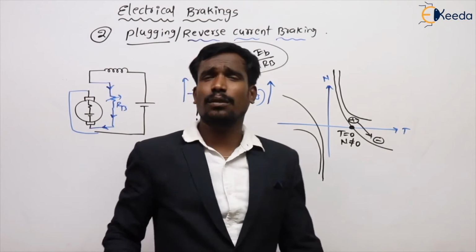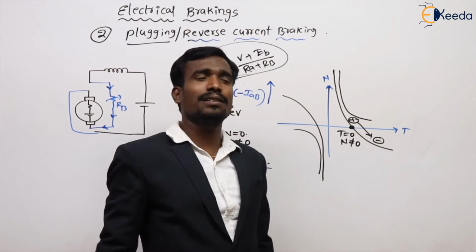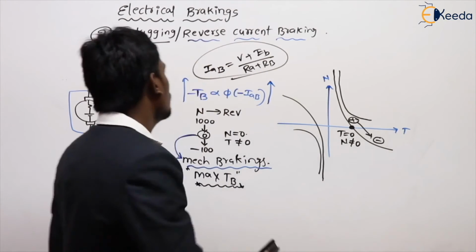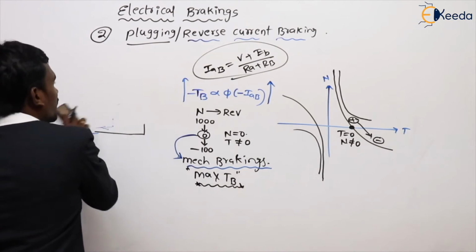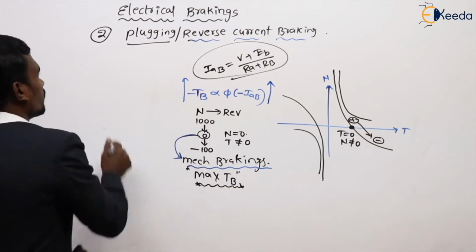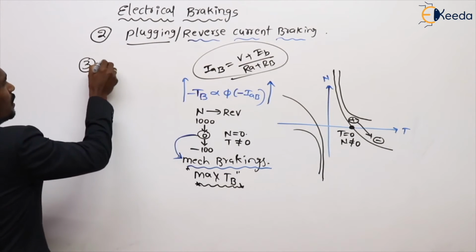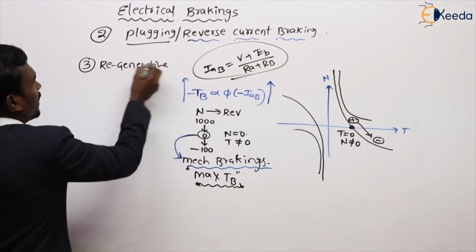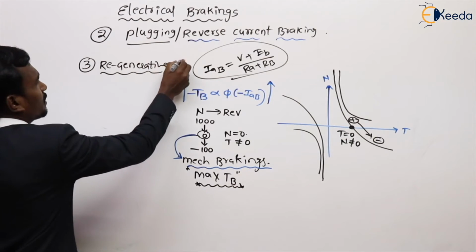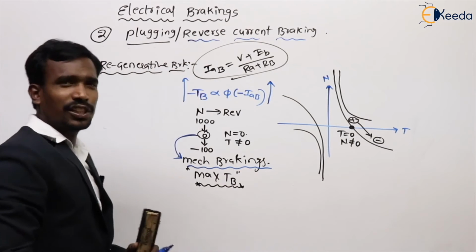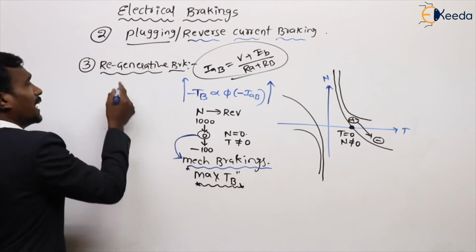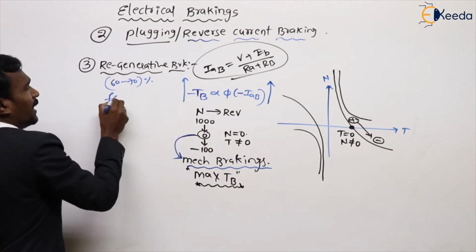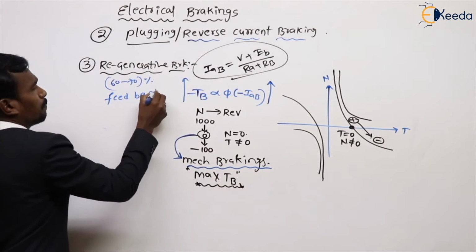So first one is dynamic braking or rheostatic braking. Second one is plugging. Sir, what is the third one? Can you tell me what is the third one? Very good. The third one is regenerative braking. This is also important. Regenerative. The name itself indicates that during the braking condition, it will regenerate around 60 to 70% of power, fed back to the supply.